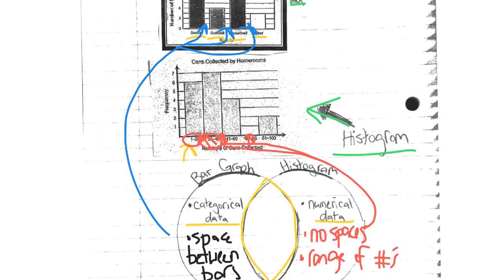Now similarities. Obviously, this isn't our data unit. They are both going to be graphs. They're both ways that we can put information on there, and they both use bars to represent those numbers or those categories.